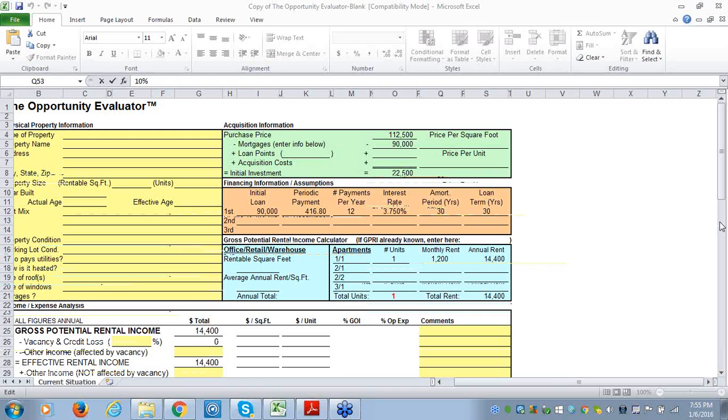Let me go back to Kelly. Okay, here it is. Kelly says, I would like to compare it to 20% down, 5% interest. So Kelly, your purchase price, I believe initially was $157. Let's plug that in.